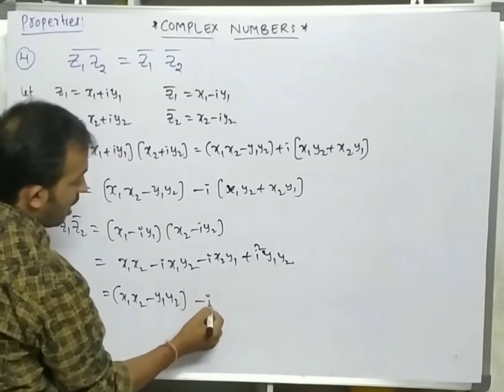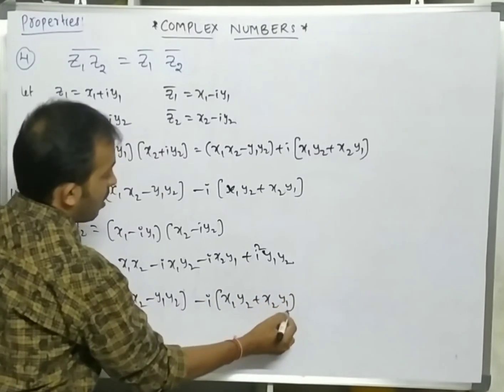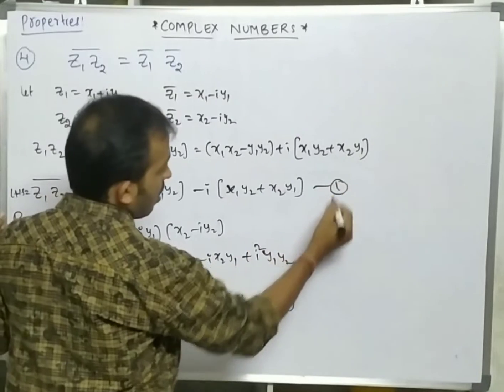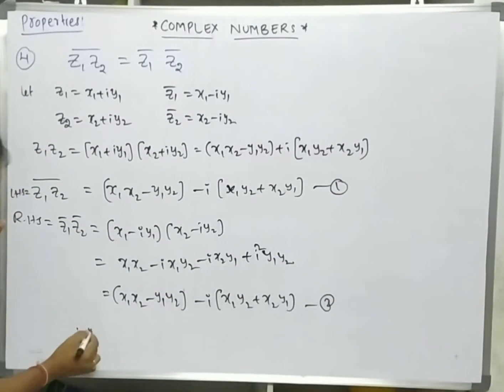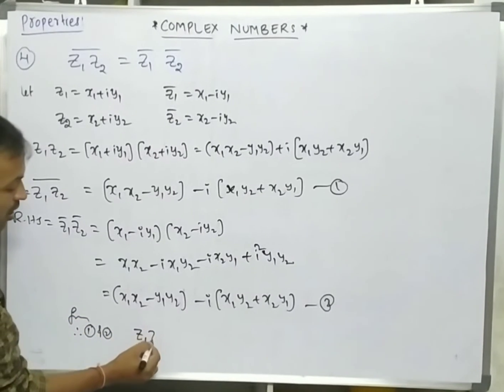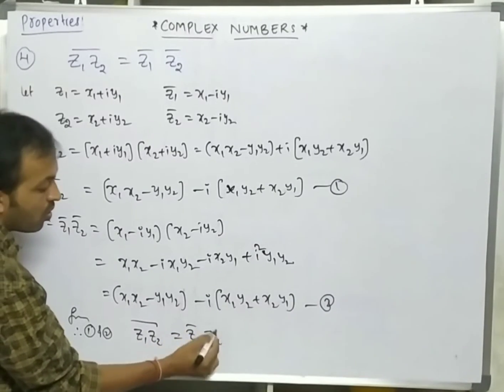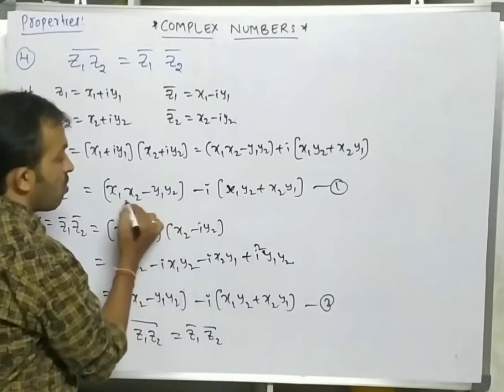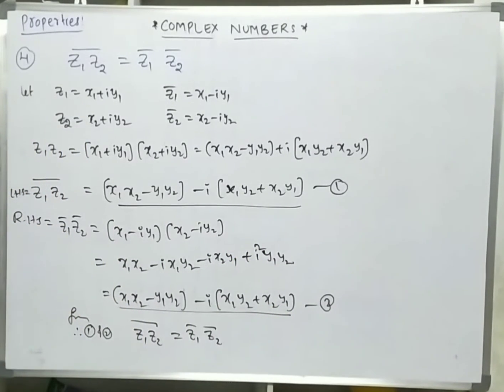From these two, minus i is common, and x1 y2 plus x2 y1 is remaining. So from 1 and 2 we can write that conjugate of z1 z2 is equal to z1 bar into z2 bar. So these two are equal, right? Therefore the left hand sides are also equal: conjugate of z1 into z2 is equal to z1 bar into z2 bar.